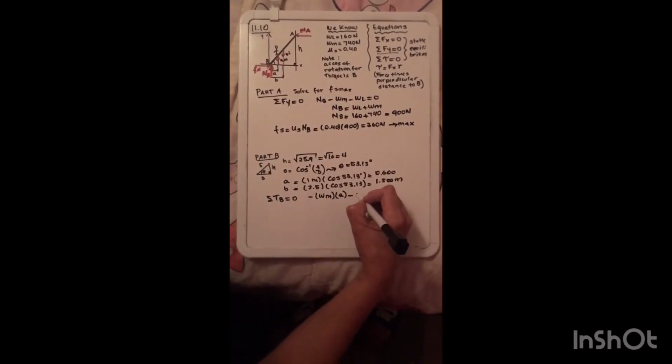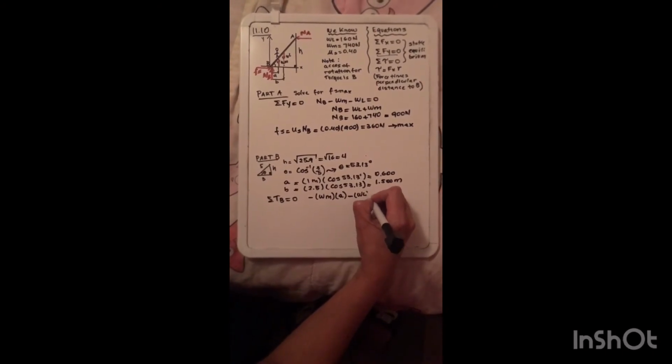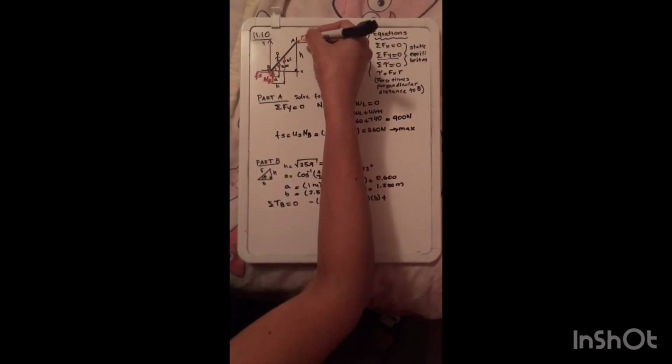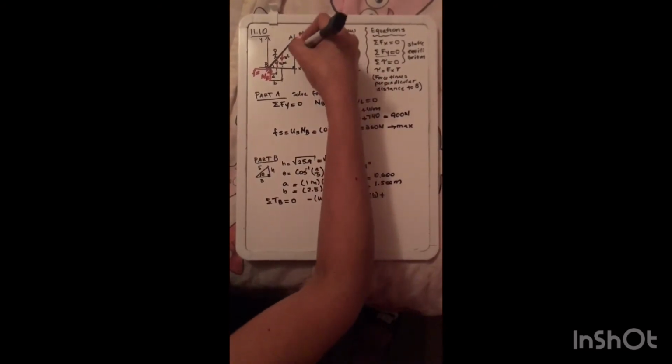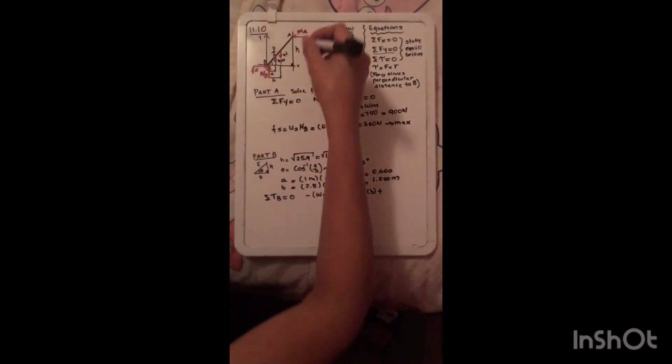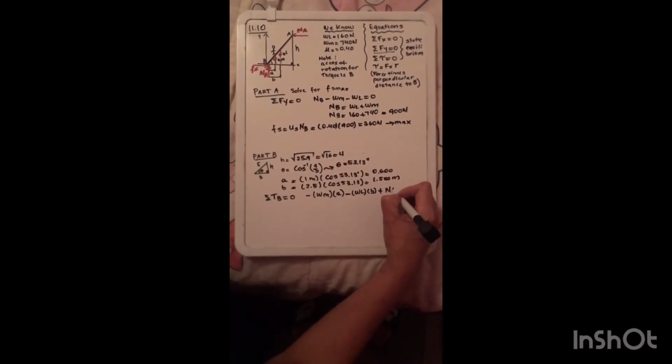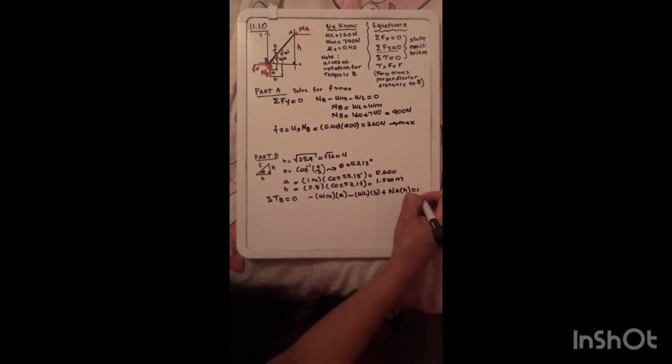That's what is negative over here. So it's the weight of the ladder times B plus the normal force over here times the perpendicular distance to point B, which is the normal force times h, and this is equal to 0.